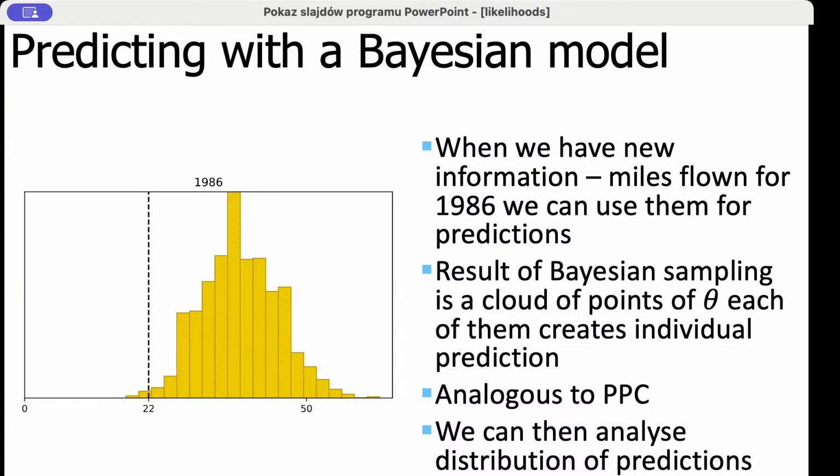Usually, because we are using Hamiltonian Monte Carlo and Stan, we will get 4,000 values of theta. Using the new information about the number of miles flown, we can then use each of those thetas to create a new prediction of how many accidents will happen, and this is analogous to posterior predictive checks.